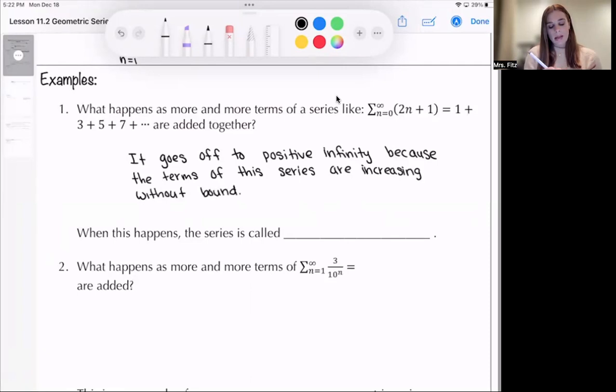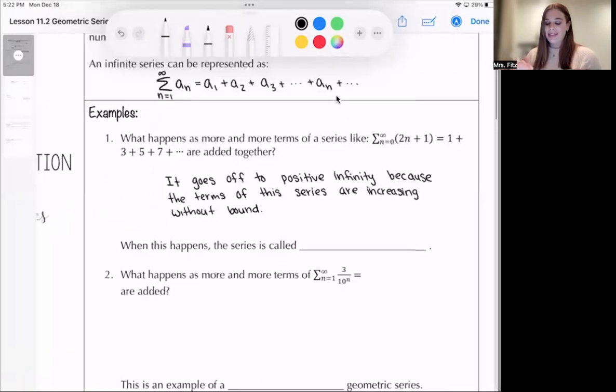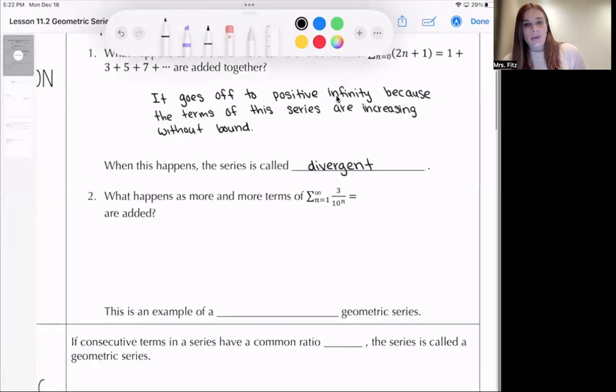When this happens, this series is called divergent. It's a divergent series. So this series diverges.